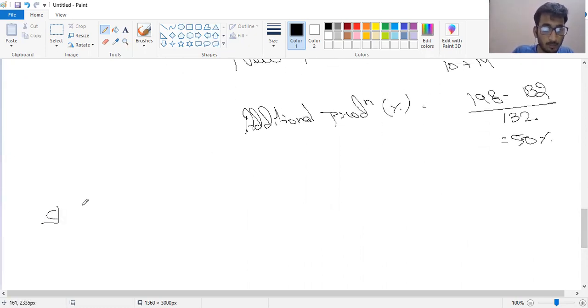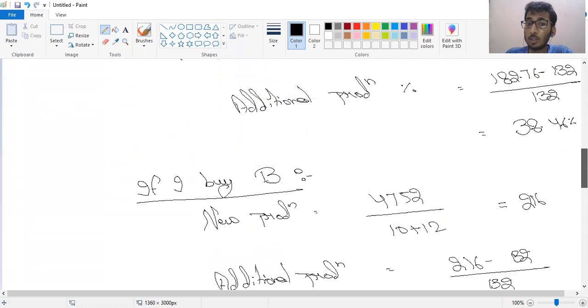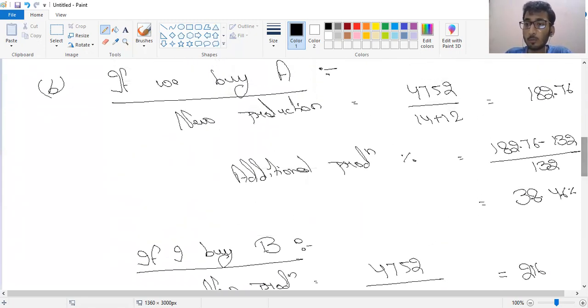Now, the C part. Assuming 50% increase in demand during the next period, which component should the company buy from the market? So assume that demand is increasing 50% in the next period. Suppose the demand is increasing 50%, then buying which product would be best?